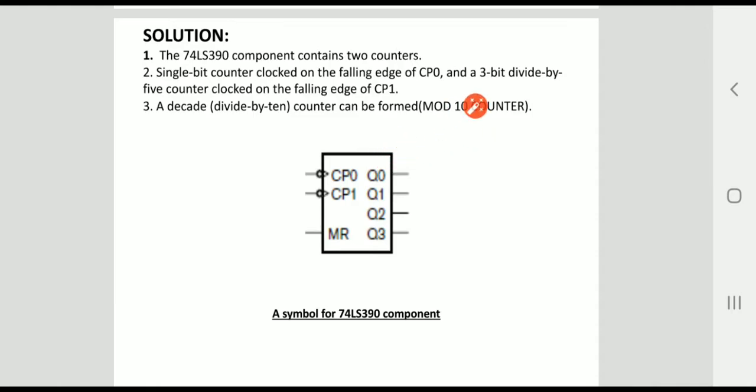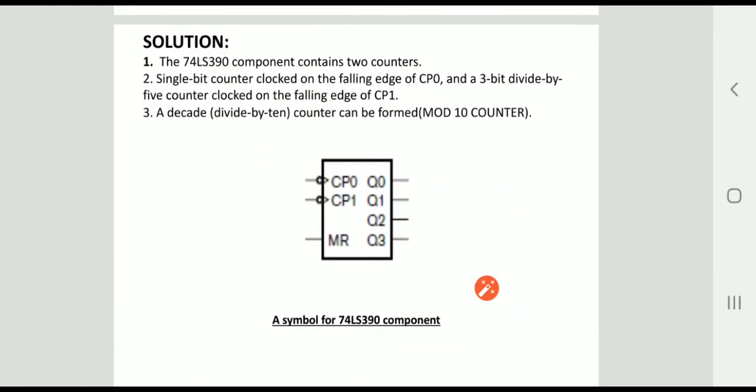Here Q0 is the LSB and Q3 is the MSB. MR is the master reset. When it is 1, it will reset Q0 to Q3 to 0, 0, 0. Another important thing here: clock pulse 0 controls Q0, and clock pulse 1 controls Q1 to Q3.